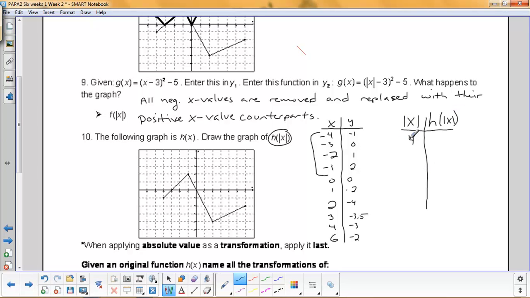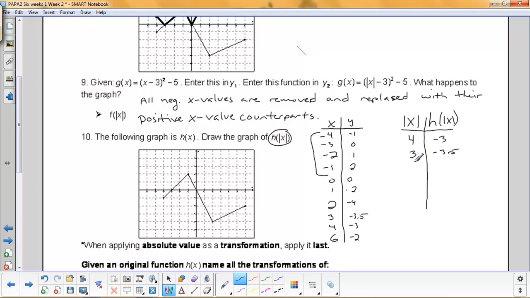Now, when you're looking at this, we have to find 4. That's -4's positive counterpart. Okay, so 4 is -3. That's right there. Okay? -3 becomes +3, the absolute value of 3. And 3 is -3.5.